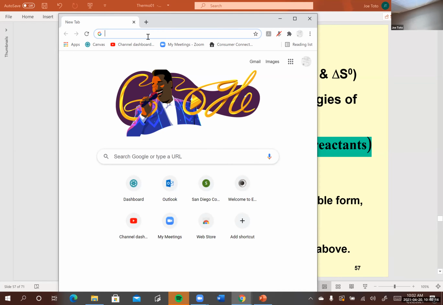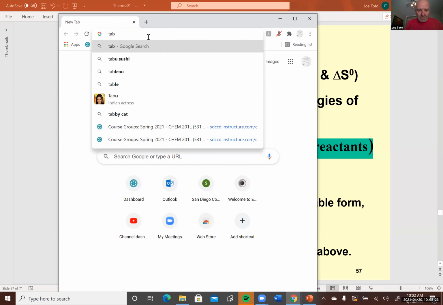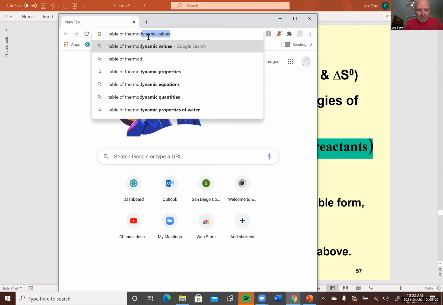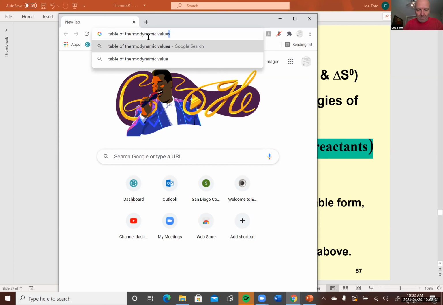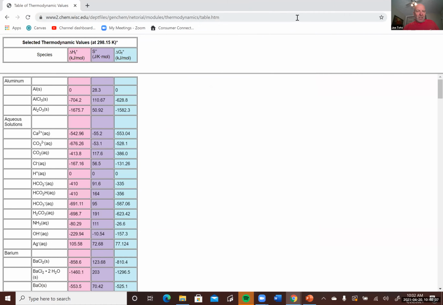Let's see if I can find one online. All right, so this is pretty much a typical table that you'll find online, maybe even in your textbook.